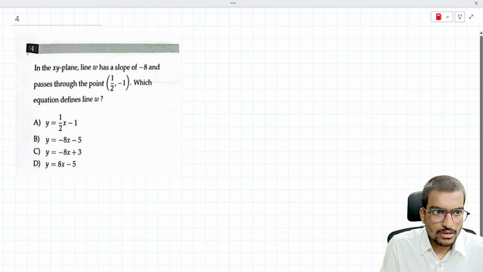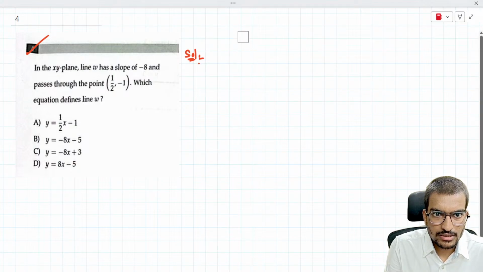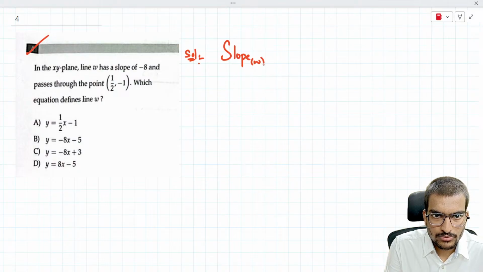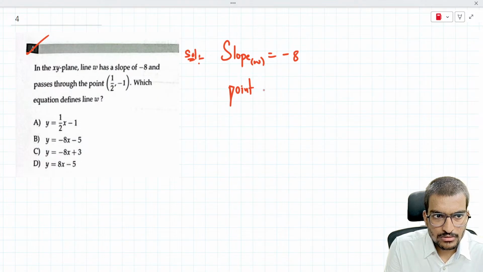Now, in the xy plane, line W has a slope of negative 8 and passes through a point. Let me write directly: slope of line W equals negative 8, and it passes through the point 1 by 2 comma negative 1.